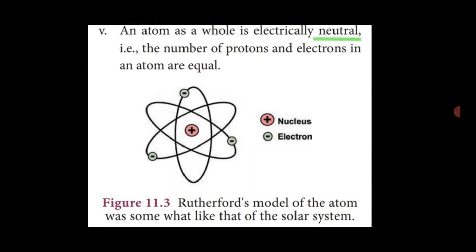See this picture. This shows an atom. The center of the atom contains the positively charged nucleus, surrounded by some electrons. So the atom contains large empty space. In this large empty space, electrons revolve around the nucleus.